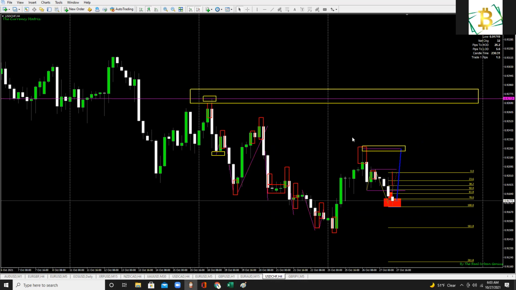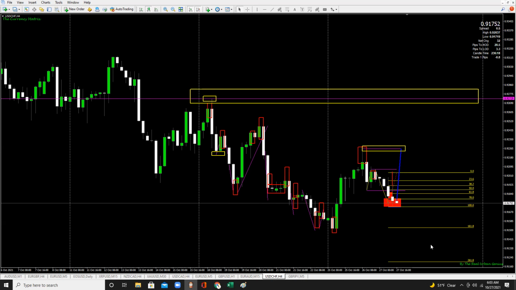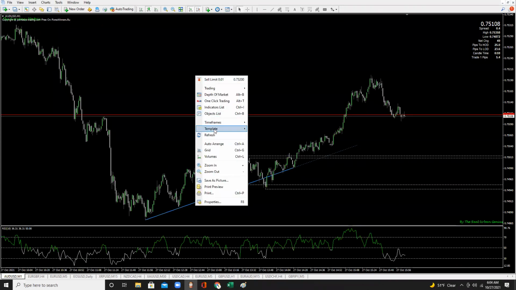So let's move on. Anybody got any pairs they want me to review other than the Euro USD and the USD CHF? Aussie USD, all right, let's look at it. Here's the Aussie USD.